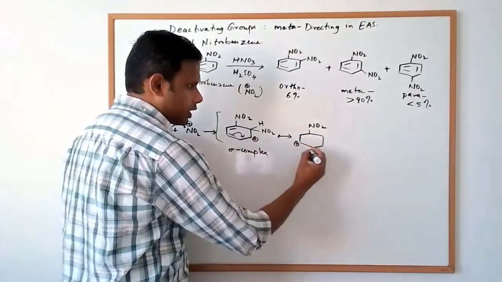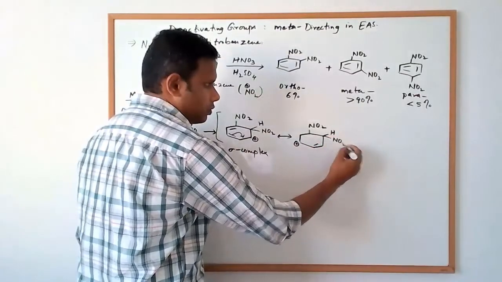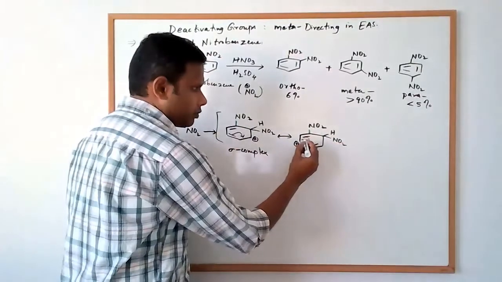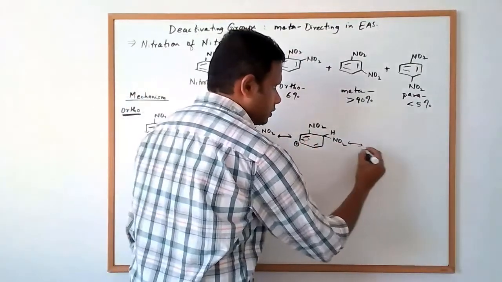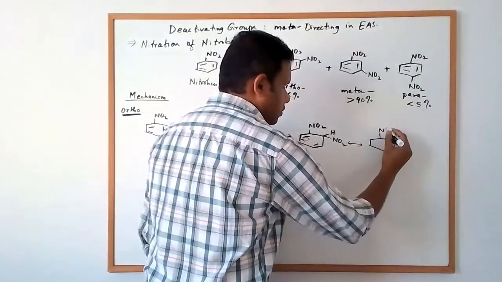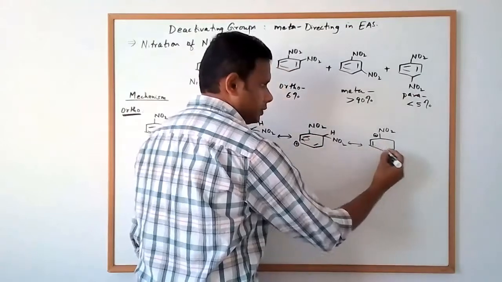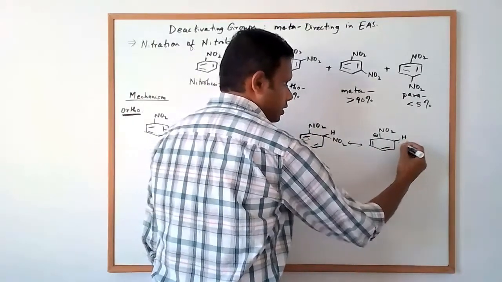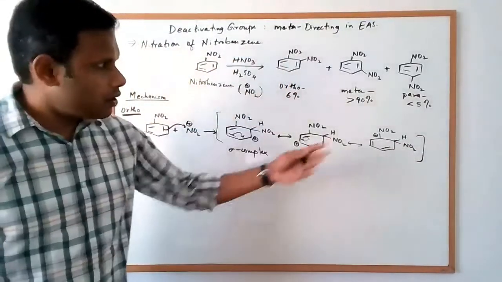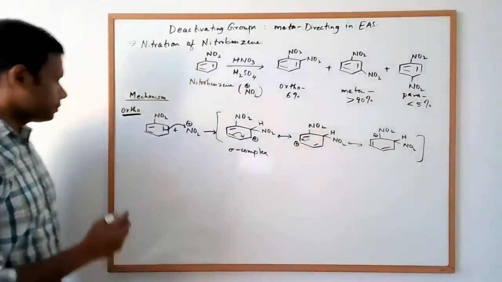So we get the carbocation here, double bond here, H and NO2 over there, and double bond here. Pi bond moves. NO2, positive charge, double bond, H and NO2. So those would be all the resonance forms for the ortho attack here.